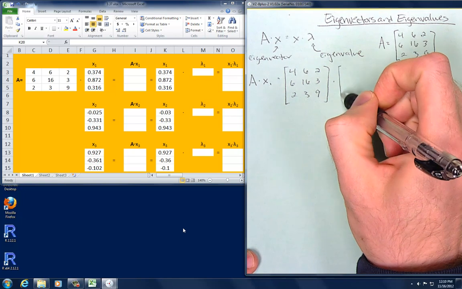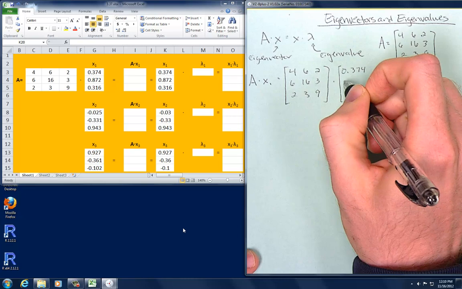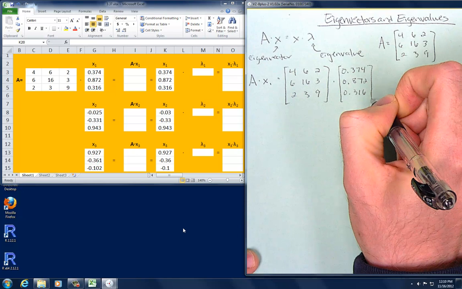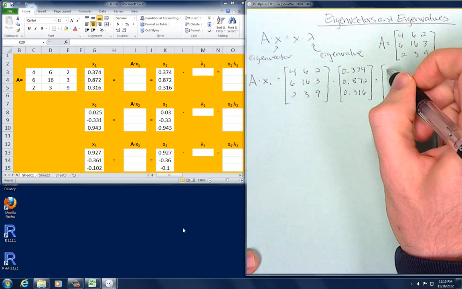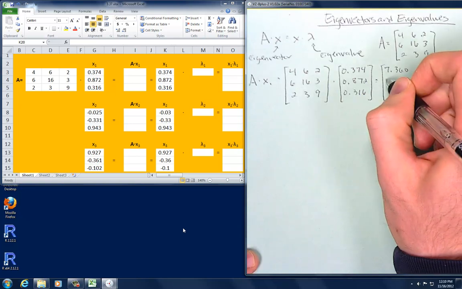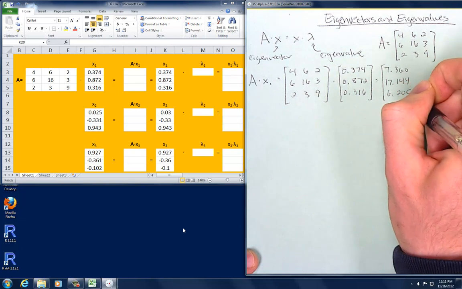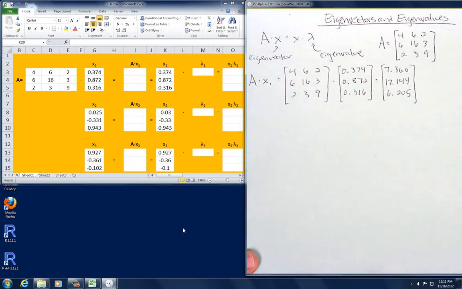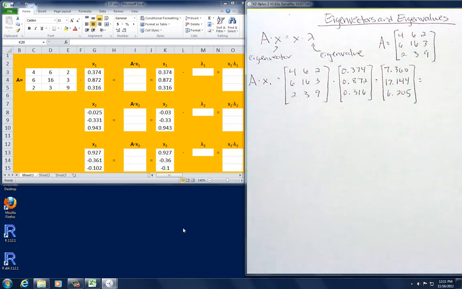So one vector that we can use is 0.374, 0.872, and 0.316. So this will be our x1, and when you multiply that, you actually get 7.360, 17.144, and 6.205. If you break that down, let me zoom out here.